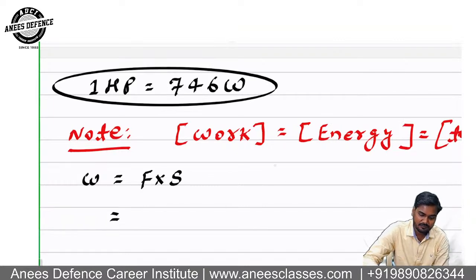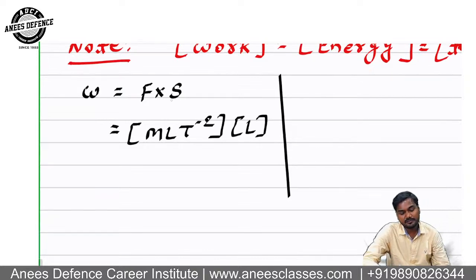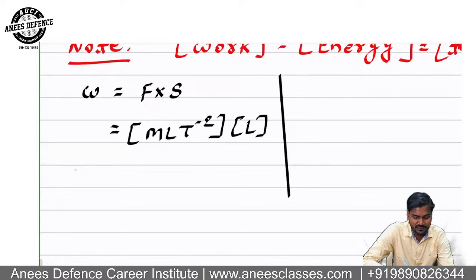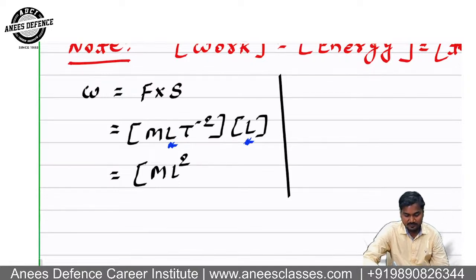The dimension of force is M L T minus 2, into L, the dimension of displacement. So the dimension of work done is M L2 T raised to power minus 2, because when the base is the same, powers are added.